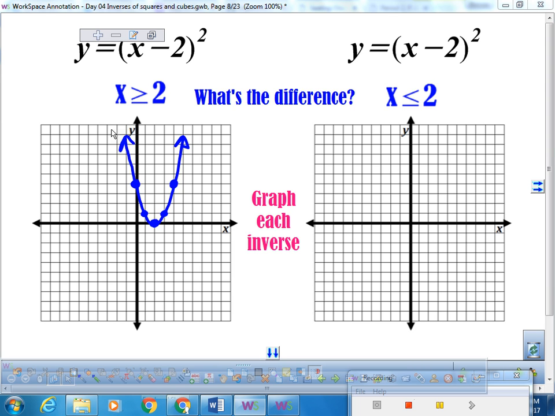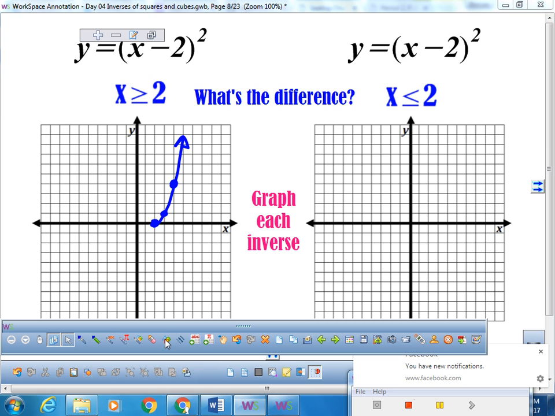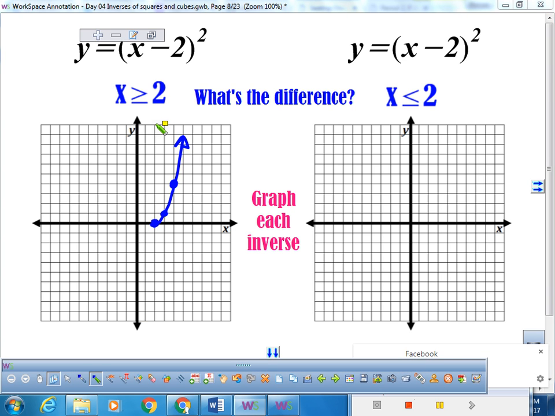You're right, but I would care about the restriction because when we're talking about the inverse, it's only going to have half of it, right? So on this one, I'm graphing when x is greater than 2, because this is where x is 2. This is 1, 2. This is where x is greater than 2. I'm only going to concentrate on the graph when x is greater than 2.